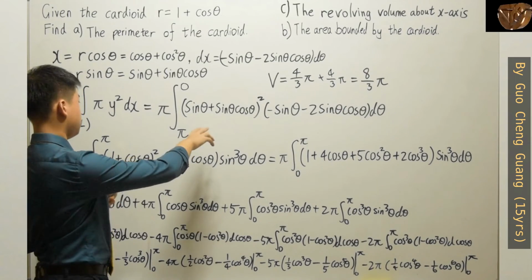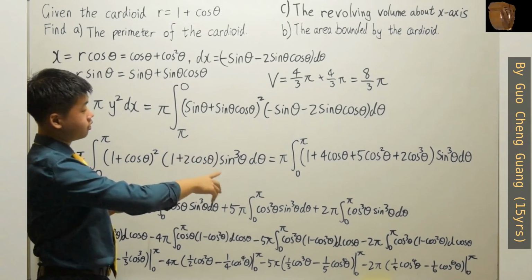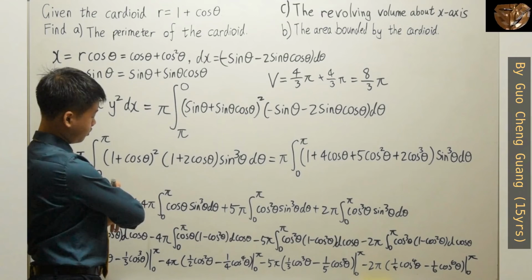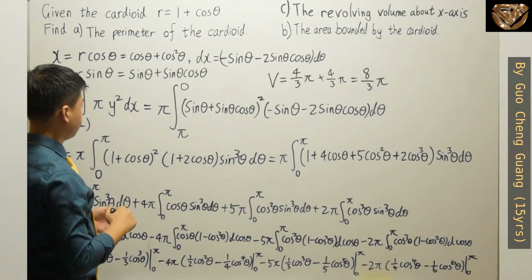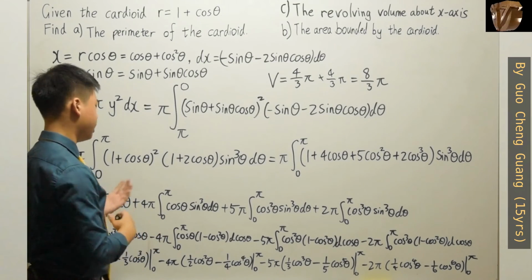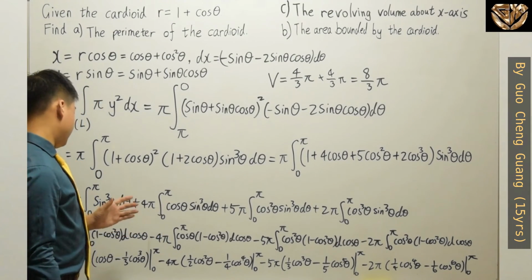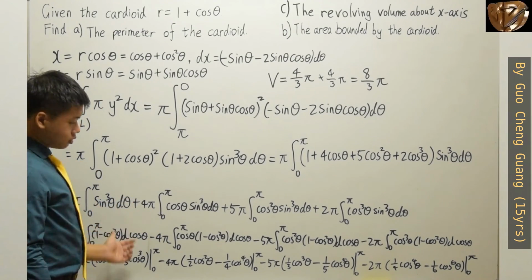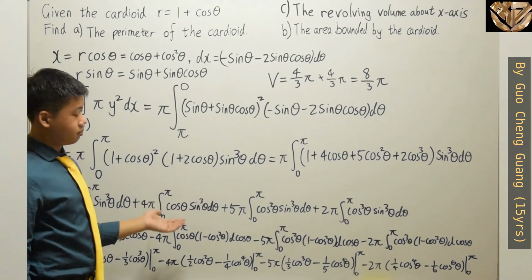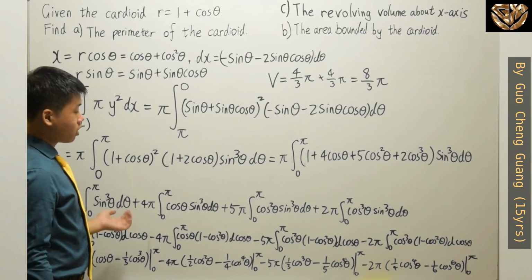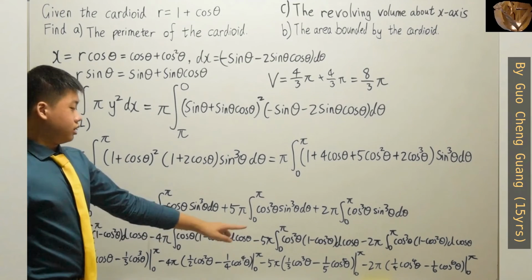And then of course you just expand it, and then you do some trigonometric manipulation, or whatever you like to call it. And one important thing used here, if you realize, is your identity, where sine square plus cosine square is equal to 1. It's used a lot here.